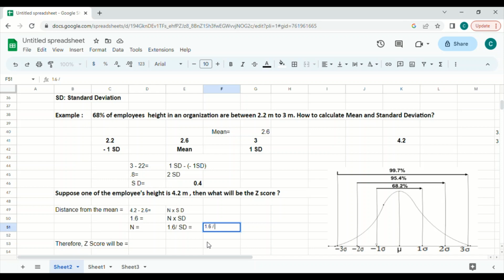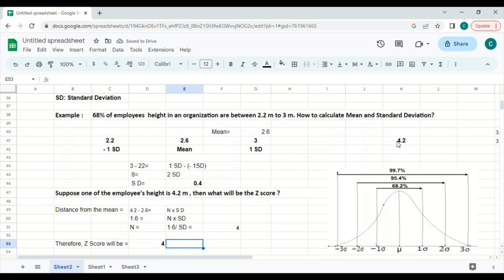Therefore, 1.6 divided by 0.4 will give the value of z-score, which is 4. Therefore, z-score value is 4.